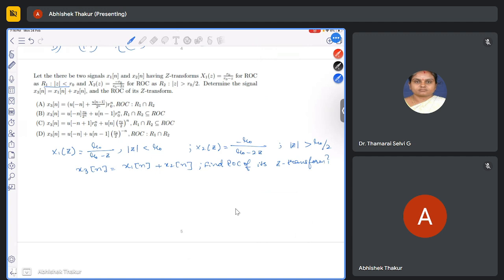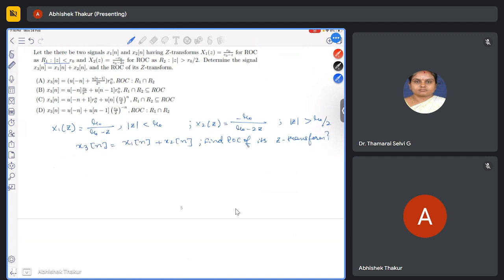So we can write X1(z) is equal to r naught by r naught minus z. So this is actually the sum of the series 1 plus z by r naught plus z by r naught square plus z by r naught to the power of 3 and so on.